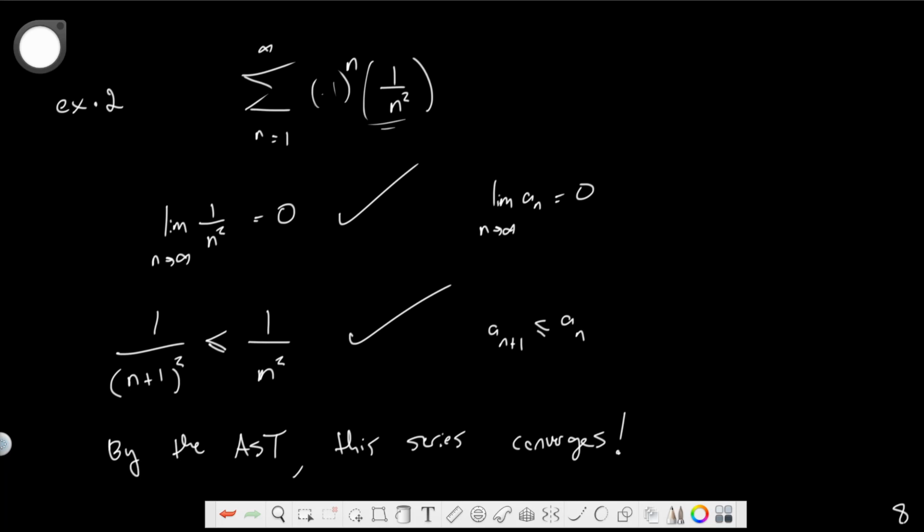With that said, I have some vocabulary for you. Conditionally convergent versus absolutely convergent.